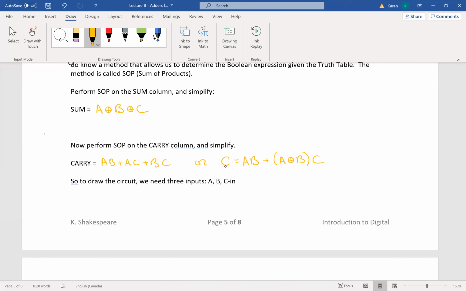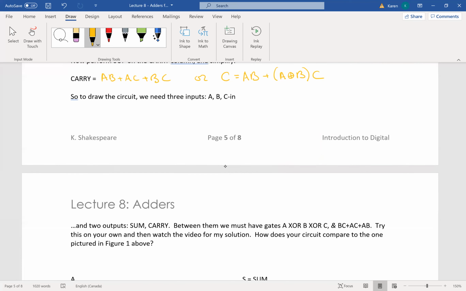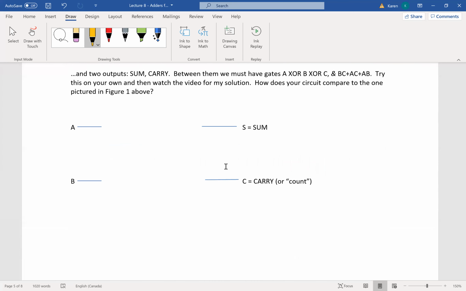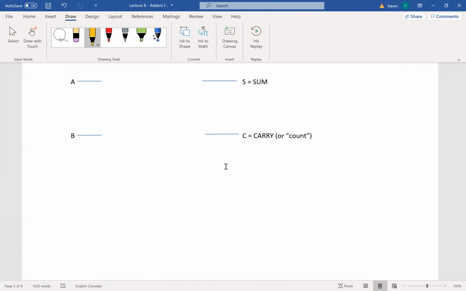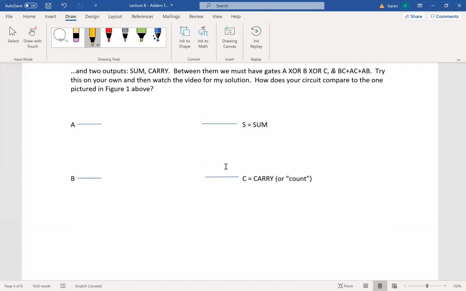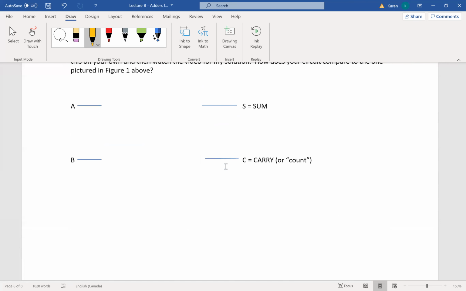So to draw the circuit, we need 3 inputs, A, B, and C. And we have two outputs, sum and carry. So inputs A, B, and C, and I have 2 outputs, sum and carry.